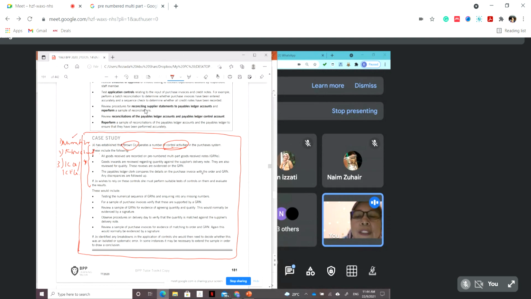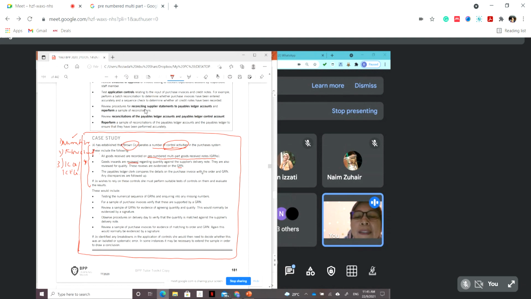All goods received are recorded on pre-numbered sequential invoices and a pre-numbered multi-part goods received note. So they have goods received notes. Then the goods and invoices are reviewed, so ada independent check. They also review for quality, and these reviews are evidenced on the goods received notes.